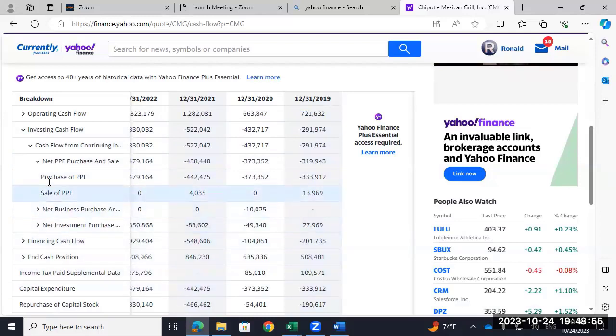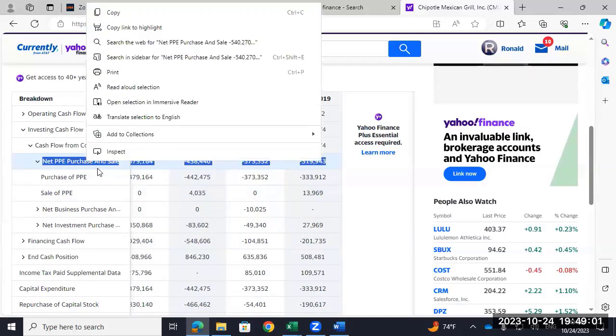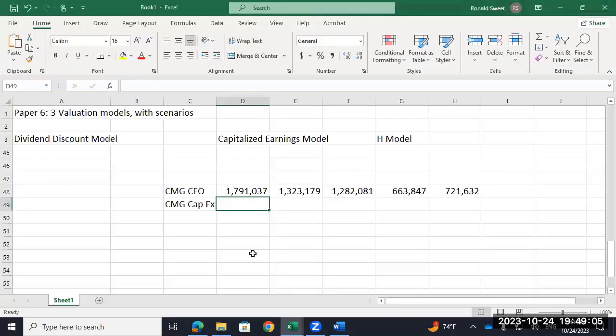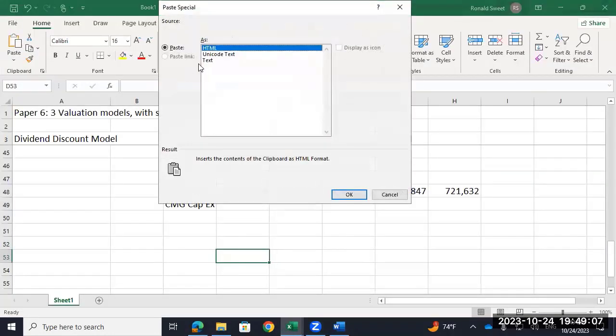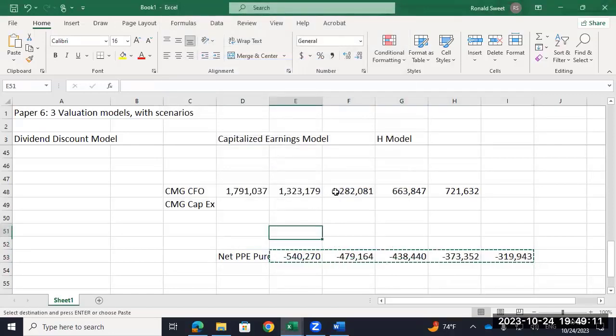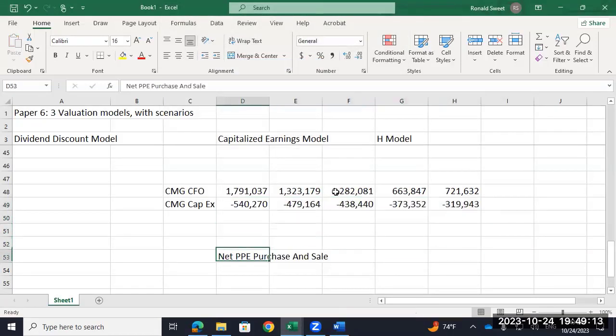I don't know why it won't let me over there. Very strange. Does it line up? Yeah, it lines up.